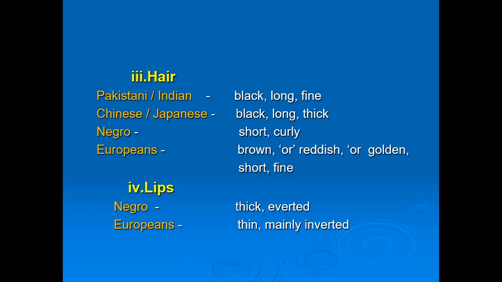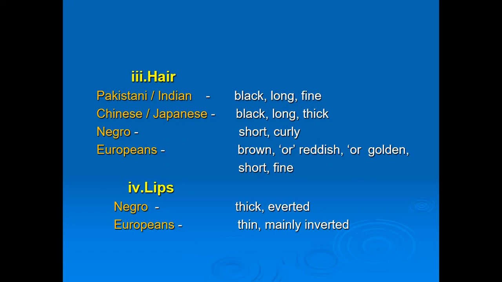In Negroes, hair may be short and curly, mostly curly, not straight. In Europeans or the white race, you can say brown or reddish or golden, blonde. So hair is short and fine.